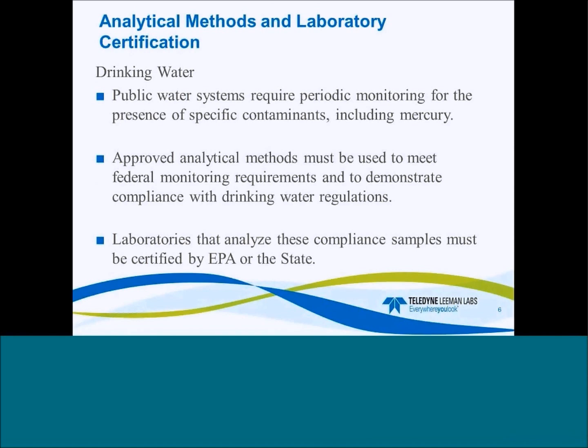And laboratories that are allowed to do this analysis need to be certified either by the federal EPA or by state EPAs. I should add here that in many cases the states have primacy, and the EPA methodology may be slightly modified by states for their specific certification requirements.